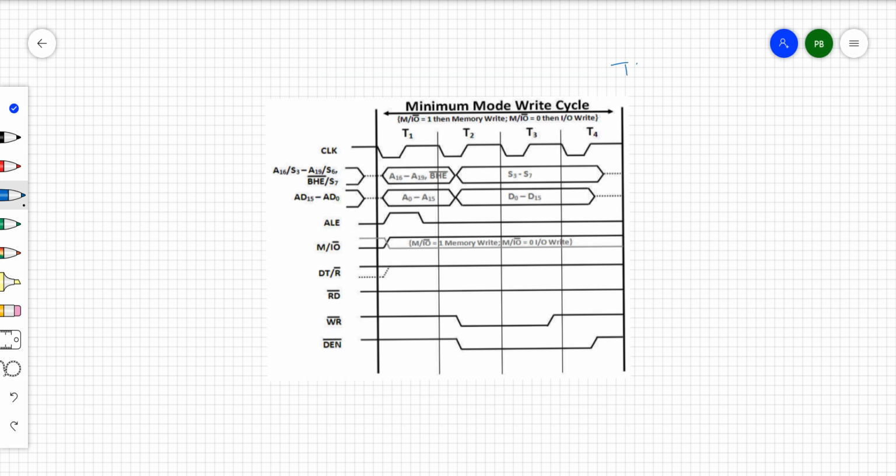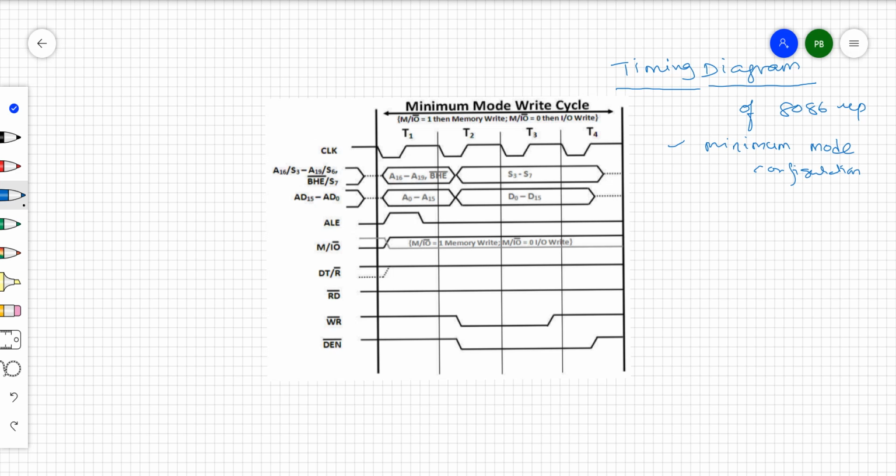The timing diagram of the 8086 microprocessor in minimum mode configuration. You can see here the timing diagram.